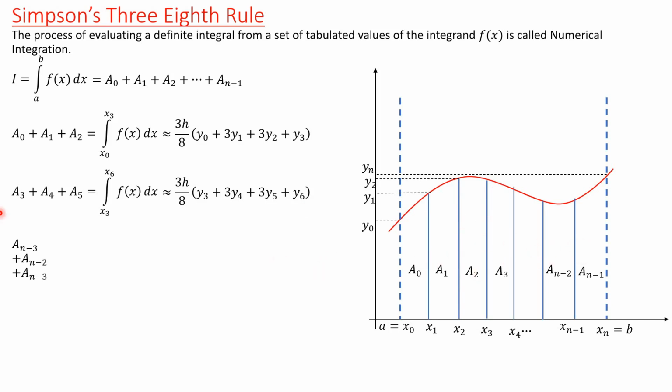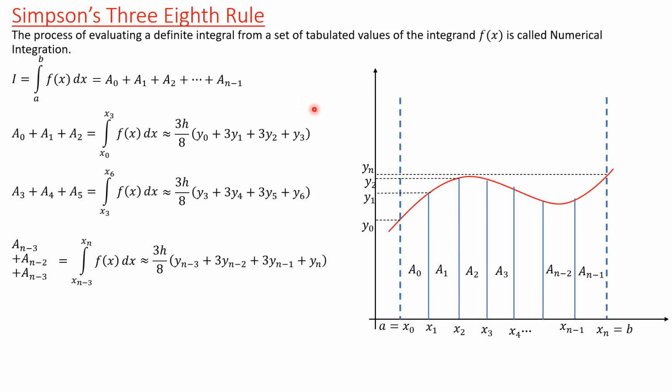So at the end, we have to find A(n minus 3) plus A(n minus 2) plus A(n minus 1), the last 3 strips. That is equal to the integration from x(n minus 3) to xn f of x dx, which is equal to 3h by 8 times y(n minus 3) plus 3 times y(n minus 2) plus 3 times y(n minus 1) plus yn.